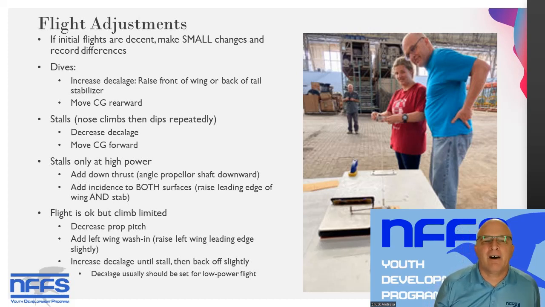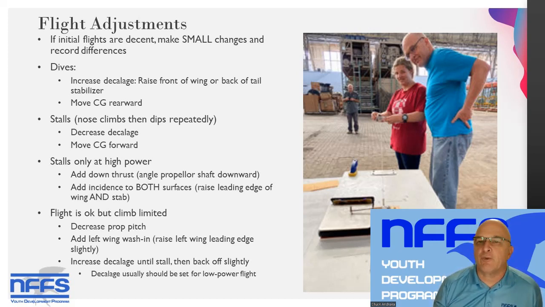You can make sure your decalage is correct. Set your decalage to low power flying, and then try your high power. Don't increase your decalage to get a better climb, because you'll suffer in your cruise and letdown, and that's where most of the time of the flight is spent.